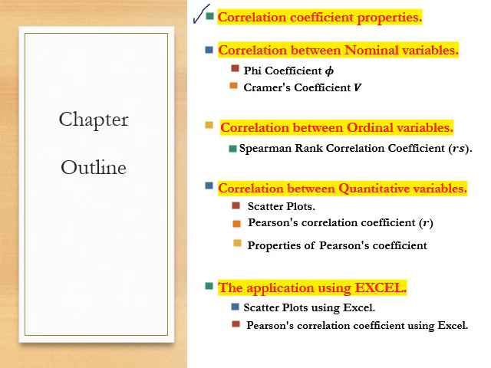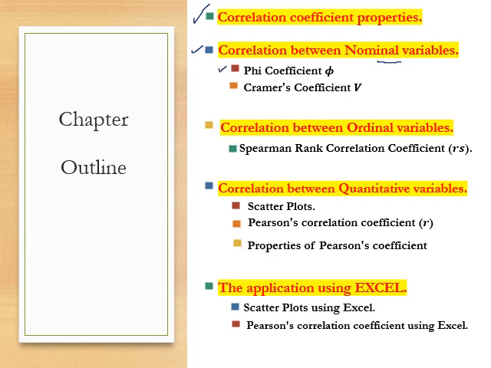In addition, we talk about correlation coefficient types, according to the types of variables or the level of measurement of data. In nominal variables, we use the phi coefficient and Kramer's coefficient.